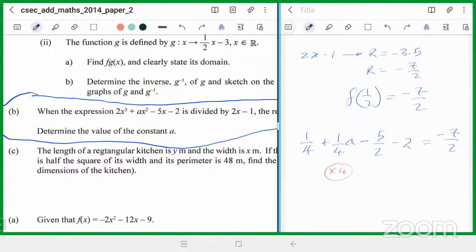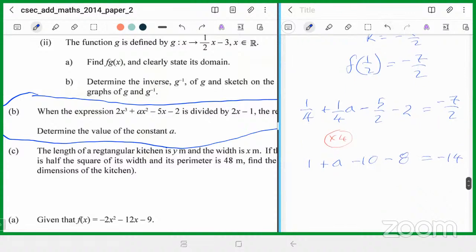This multiplied by 4 is 1. This multiplied by 4 is 8. This multiplied by 4 is negative 10, because 4 into 2 is 2, times 5 is 10. This multiplied by 4 is negative 8. This multiplied by 4 is negative 14, because 2 times 7 is 14.